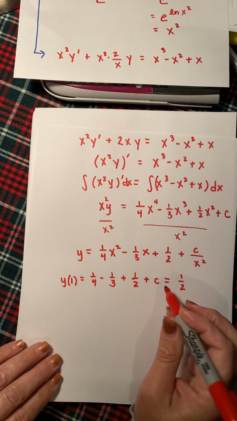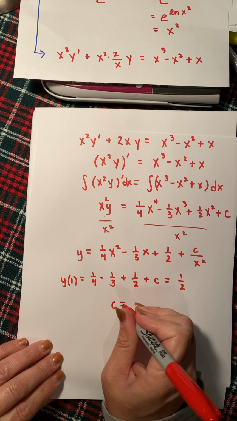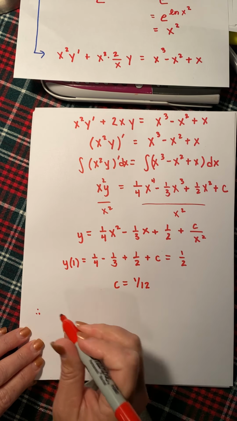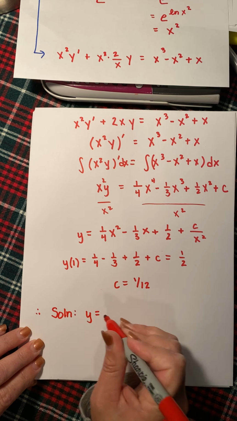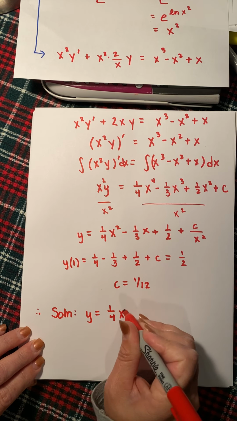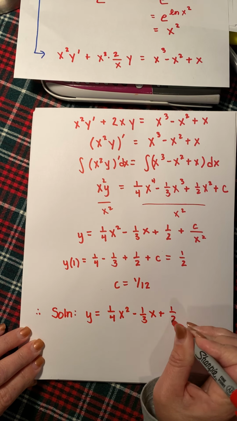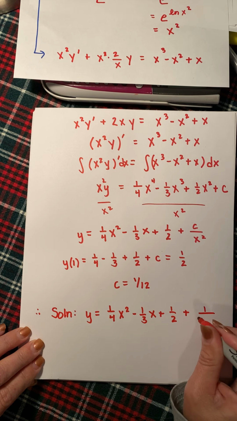We do the math, subtract 1/4, add 1/3, subtract 1/2, we get c equals 1/12. Therefore, my solution to this differential equation is y equals 1/4 x squared minus 1/3 x plus 1/2 plus 1/12 over x squared.